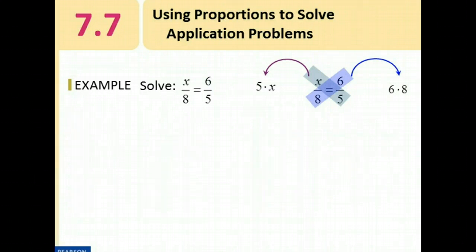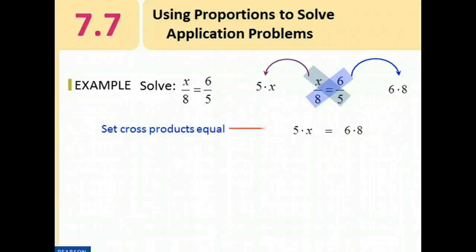Now we don't usually write these results off to the sides like you see here. This is simply to demonstrate how we multiply diagonally to find the cross products. Once we find the cross products, we set them equal to each other. So we put them on either side of an equal sign, and we do this below the original proportion.